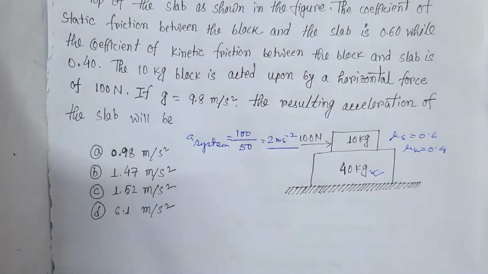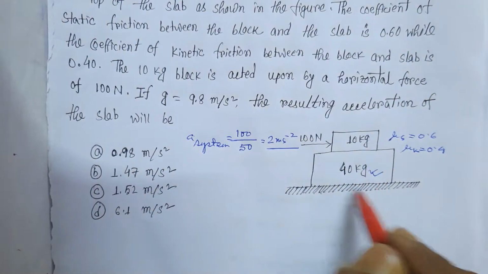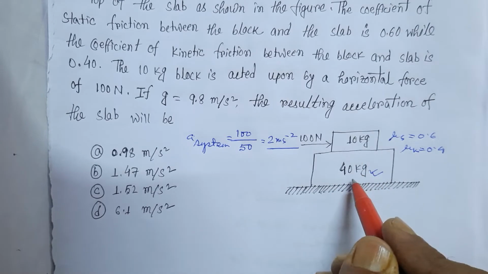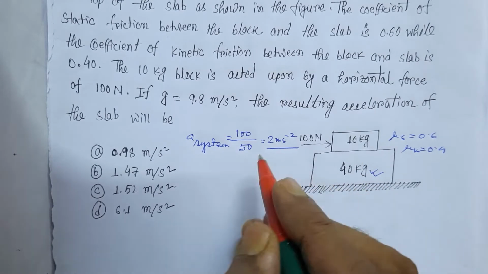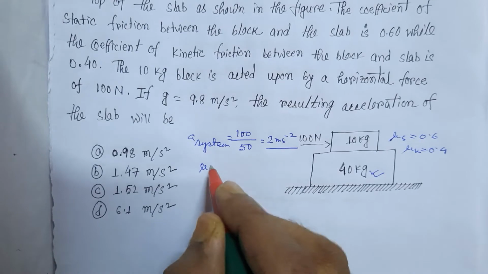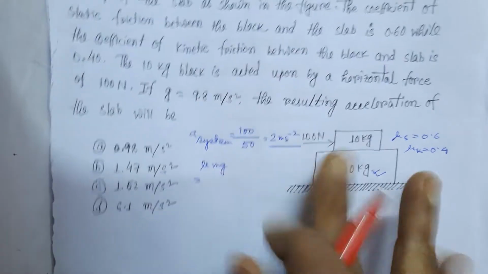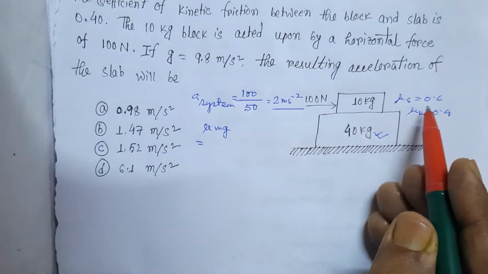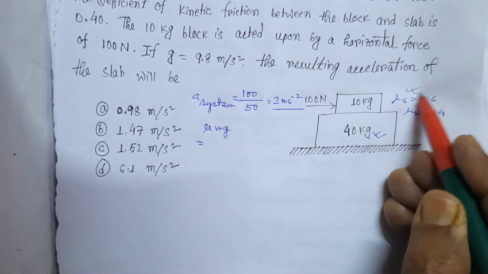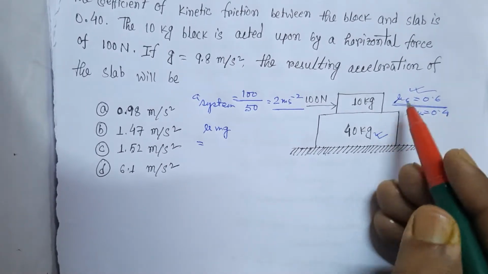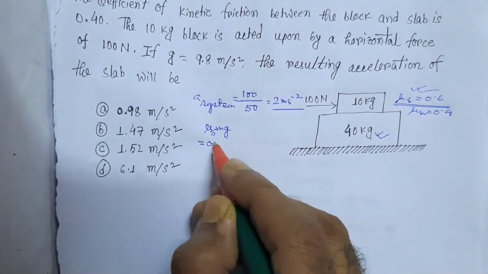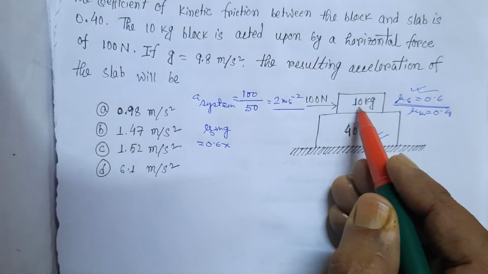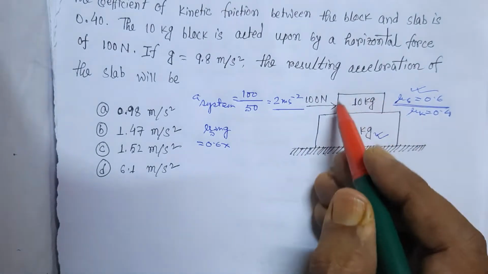So let us see the maximum acceleration for the mass 40 kg. Now the frictional force is mu mg. When we are calculating the maximum force, mu is mu s, that is 0.6, and m is 10 kg, since the reaction force is acting for the mass 10 kg.